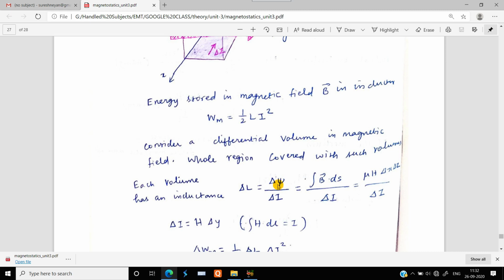So the inductance is del psi divided by del I, where the flux linkage can be given as the integration of B dot dS divided by del I.